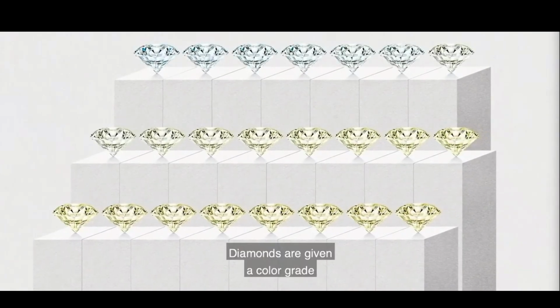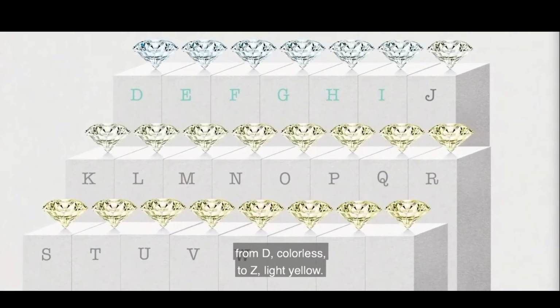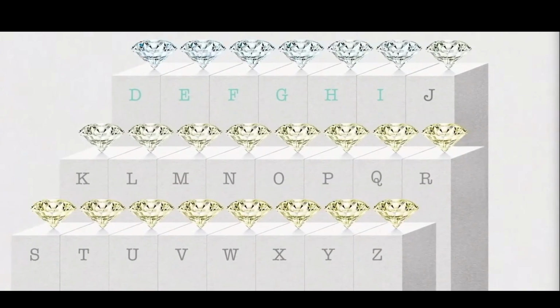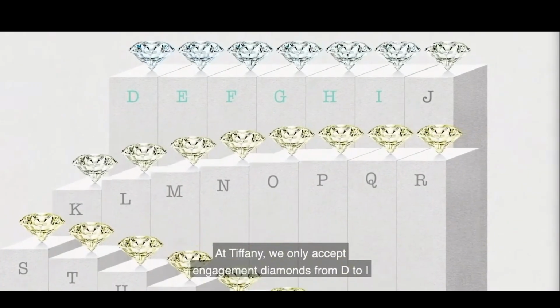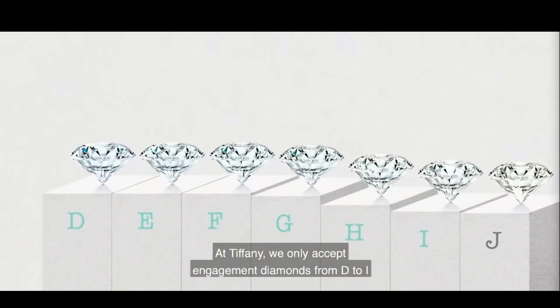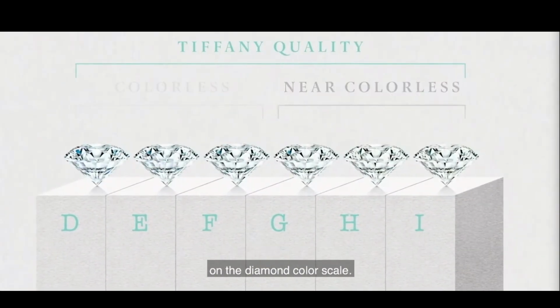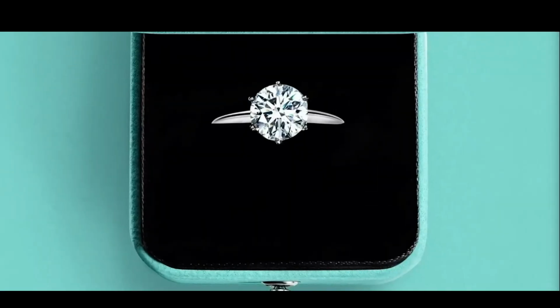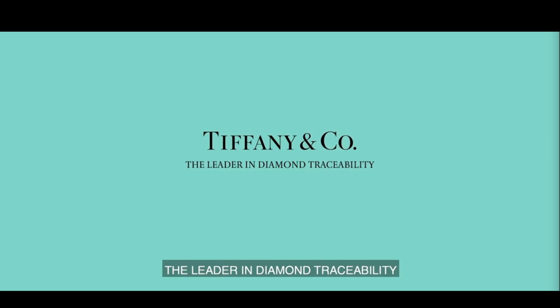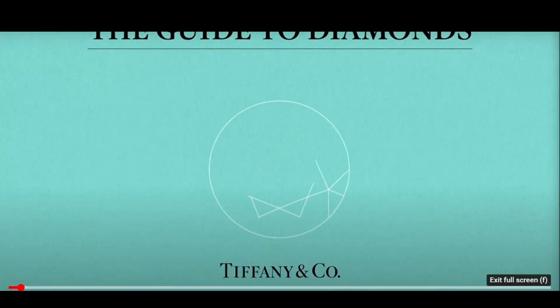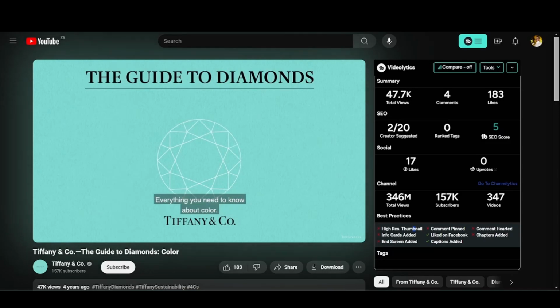Diamonds are given a color grade from D, colorless, to Z, light yellow. At Tiffany, we only accept engagement diamonds from D to I in the colorless and near colorless range on the diamond color scale.